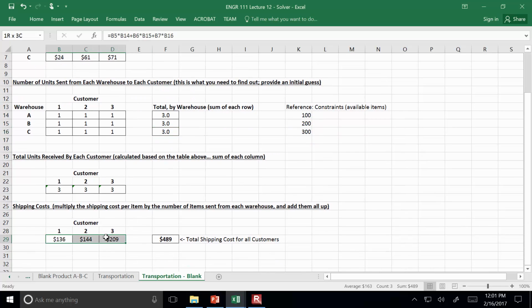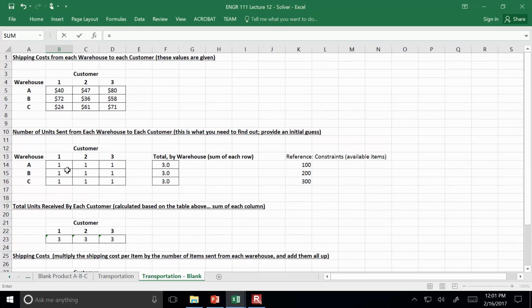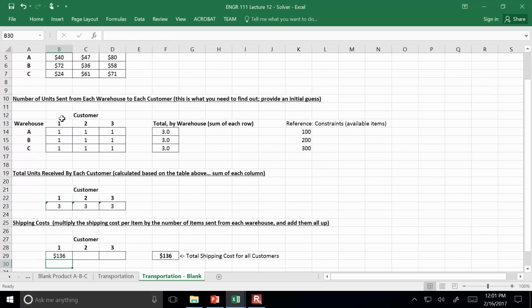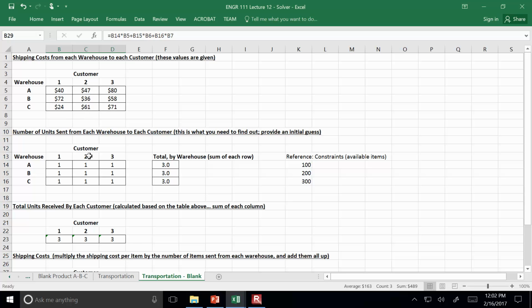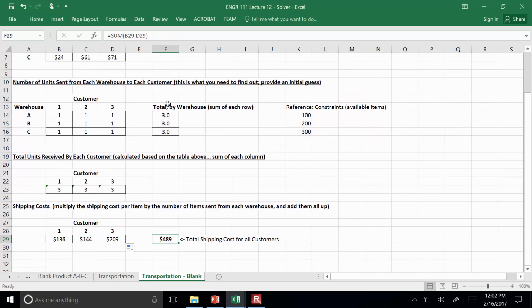And now the shipping costs are a little bit tedious to put in, but it's going to be the number of units from warehouse A times the shipping cost from that warehouse plus the number of units from B times the shipping cost from B plus the number of units from C times the shipping cost from C. And once I've got that typed in a single time, I can drag the formula to the right and it will apply it for the different customers. And then this field is the total of all of the shipping costs.